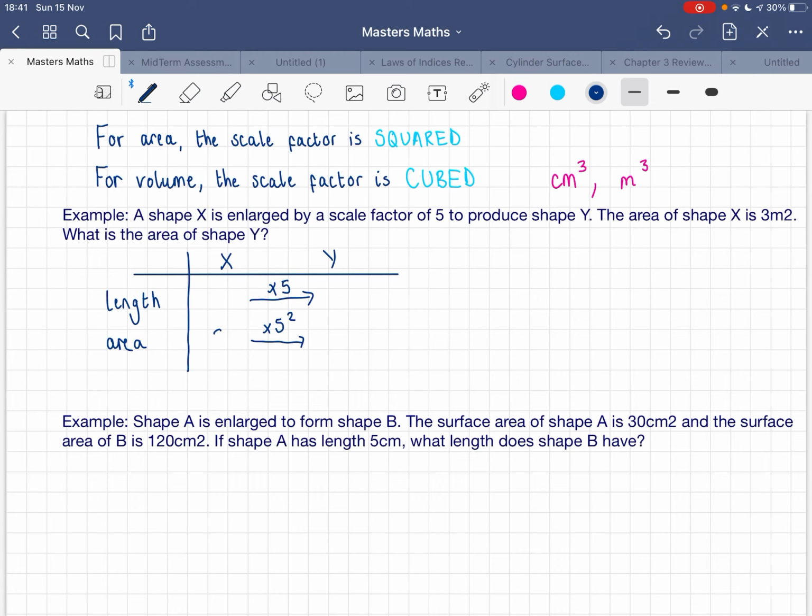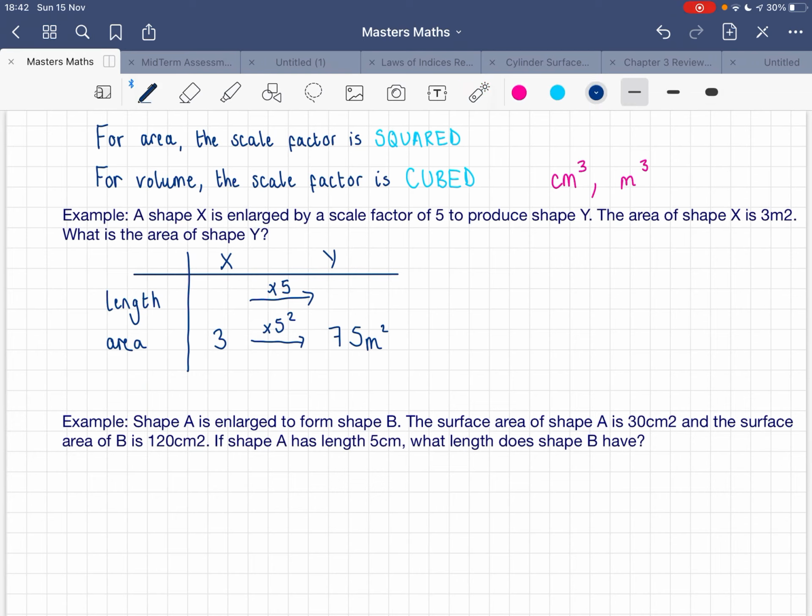If the area starts off as 3, to get shape Y we times 3 by 5 squared, which is 25, giving 75, and we are working in meters squared. So the area of the enlarged shape is 75 because we have multiplied the original area by the scale factor squared, because it's area, and that gives us our answer.